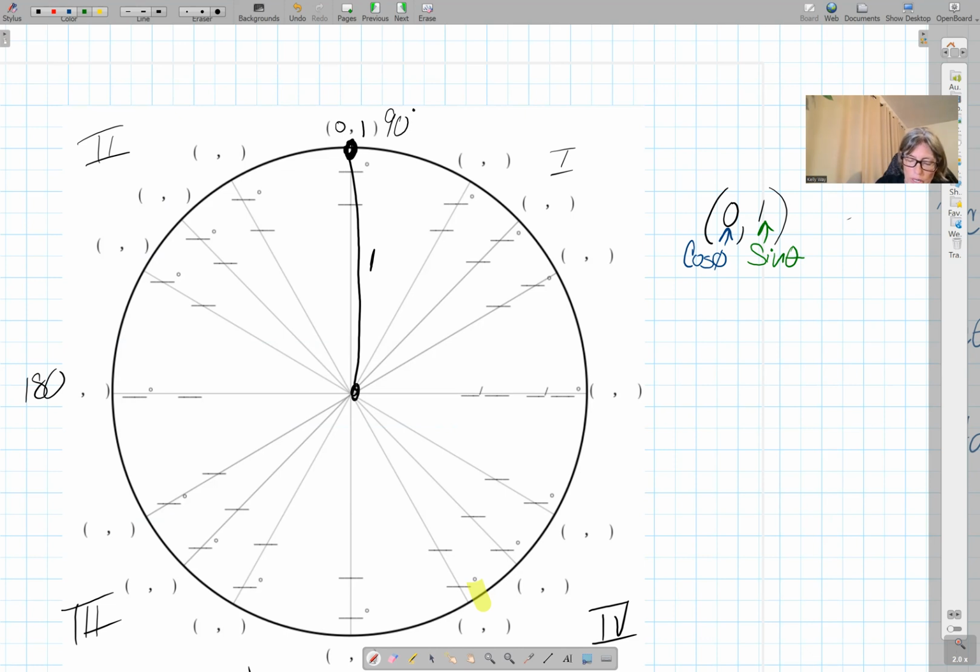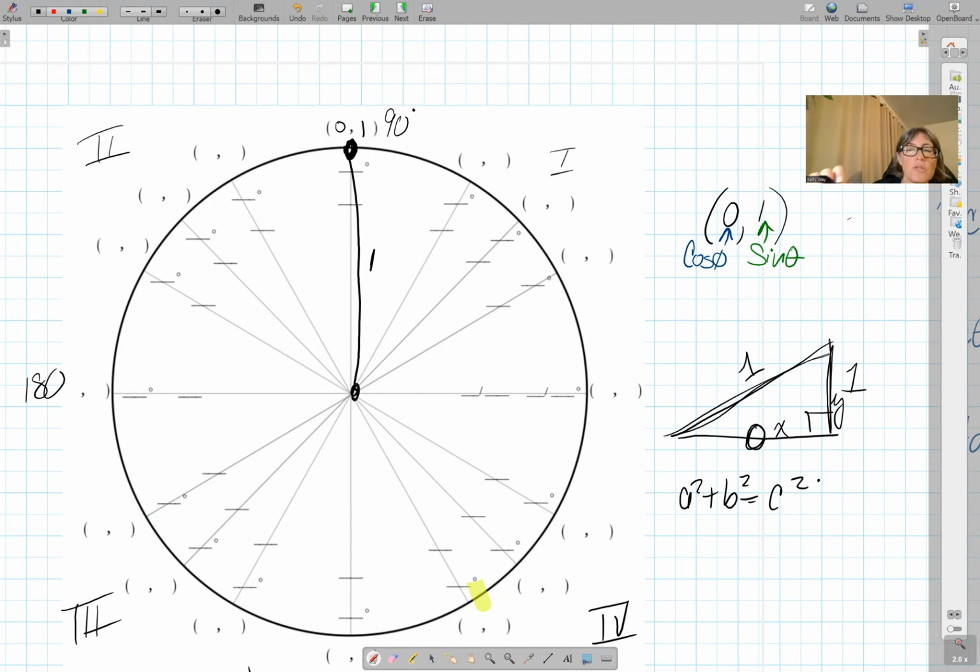So when you're looking here at a triangle, all triangles, you have x, which in this case is 0, and y, which is 1. And then if you were to do a squared plus b squared equals c squared, you would get the hypotenuse, or also known as the radius, as 1 as well.